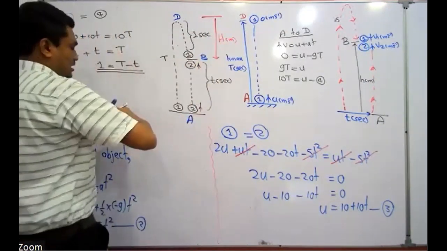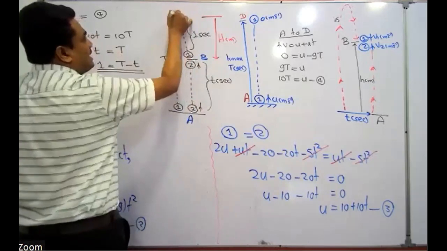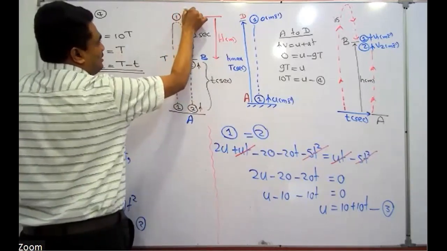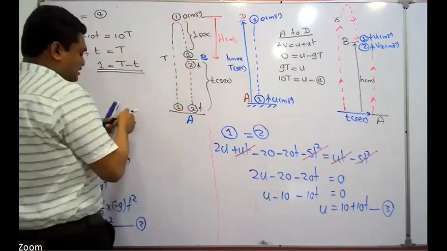So when the first object is at its maximum height, velocity is 0 meter per second.